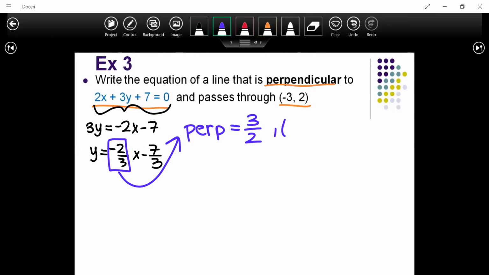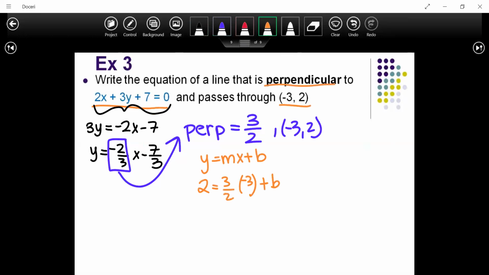I'm going to drop down my point, negative 3, 2. What should I do from here now? y equals mx plus b. That's exactly what we're going to do. I'm going to plug my values in. 2 is y. My slope is 3 over 2. My x is negative 3. My b is going to be plus b.